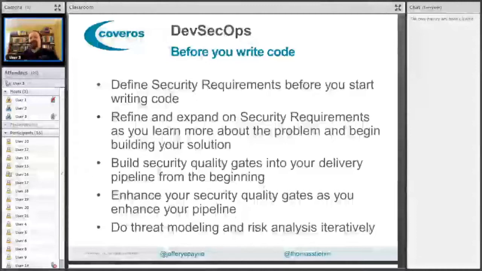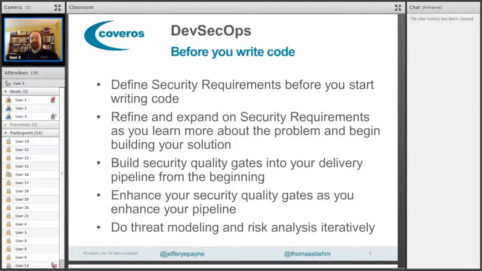So we want to start off with what you want to do even before you write code. It could be at the beginning of the project. It could be as you iteratively produce your product using Agile methodologies.